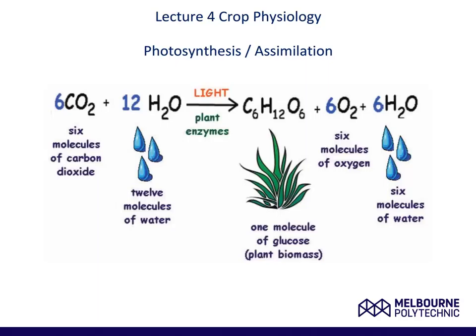The byproducts from this reaction are oxygen and water. You will see that this chemical formula is balanced. What this means is 6 molecules of carbon dioxide plus 12 molecules of water, with some light and some help of some clever mechanisms and plant enzymes, 1 molecule of glucose is made, 6 molecules of oxygen are released, and 6 molecules of water are also made.